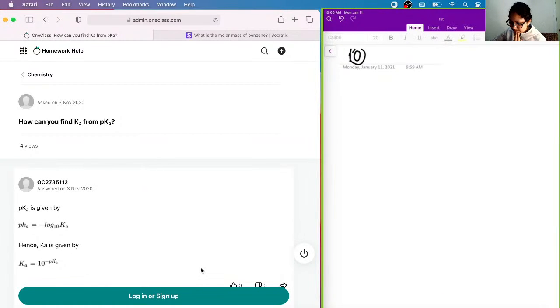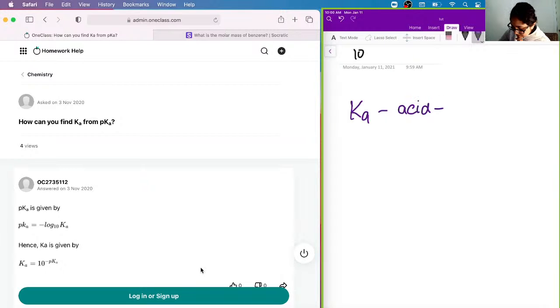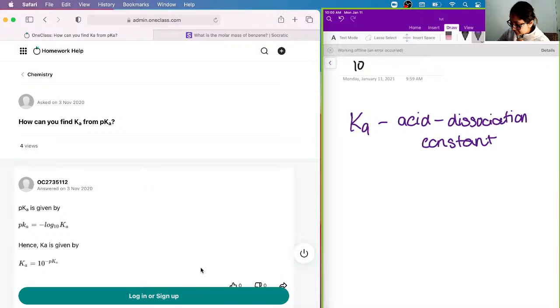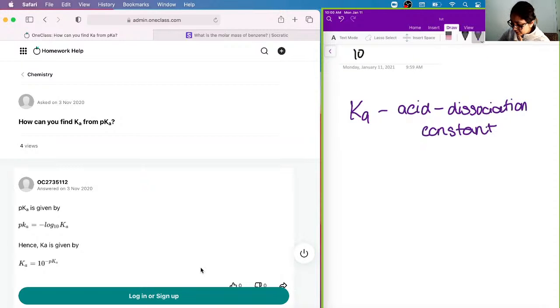Next question, number 10, says, how can you find Ka from pKa? If you guys recall, Ka is the acid dissociation constant, and they're telling us to find Ka from pKa.